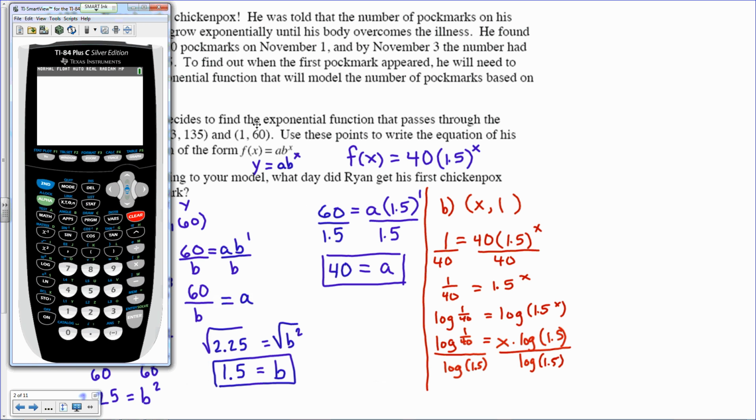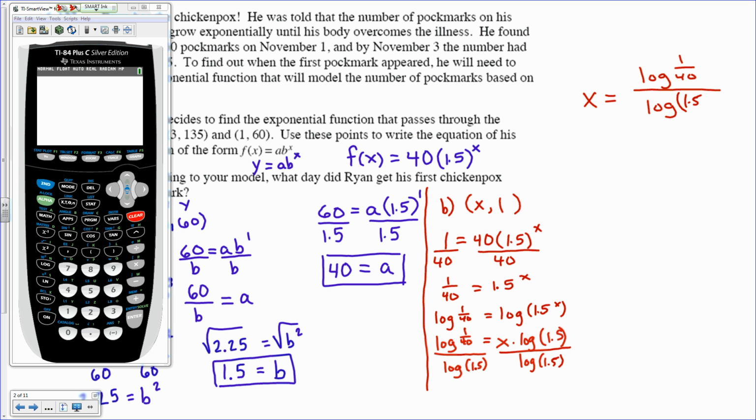So we know when he got his first pockmark. So here, x will equal the log of 1/40th divided by the log of 1.5. I'm going to do that on the calculator.